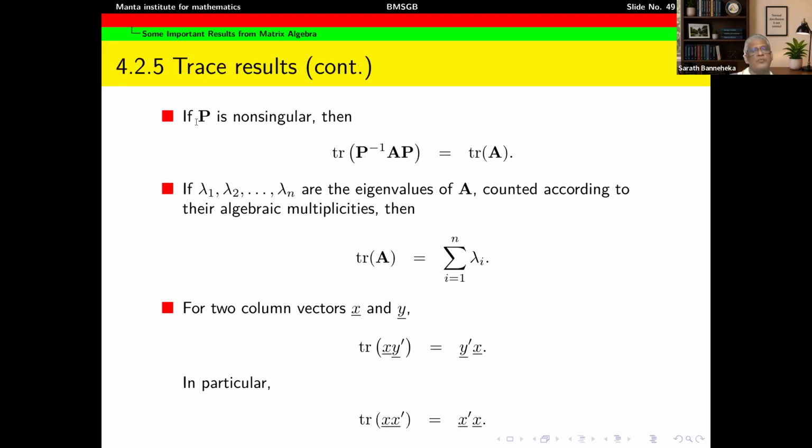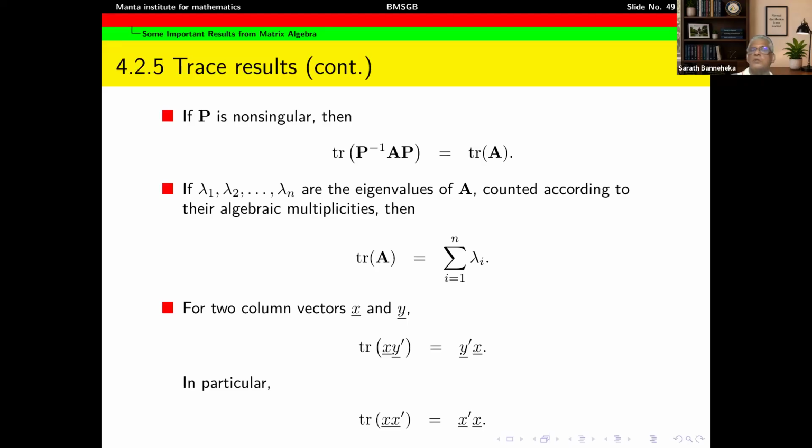And then the next one is, if P is a non-singular matrix, then trace of P inverse AP is equal to trace of A. That again you can easily show using the cyclic property, right? Because it is the same as the trace of AP P inverse, which is equal to trace of A. So that's very easy. And then the next result is, if lambda 1 up to lambda n are the eigenvalues of matrix A, counted according to their algebraic multiplicities, then trace A will be equal to the sum of the lambda i's, right?